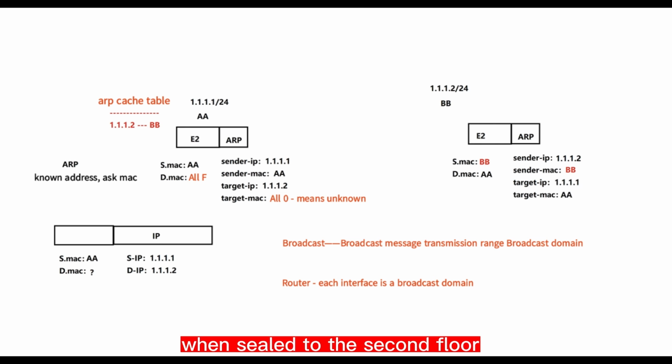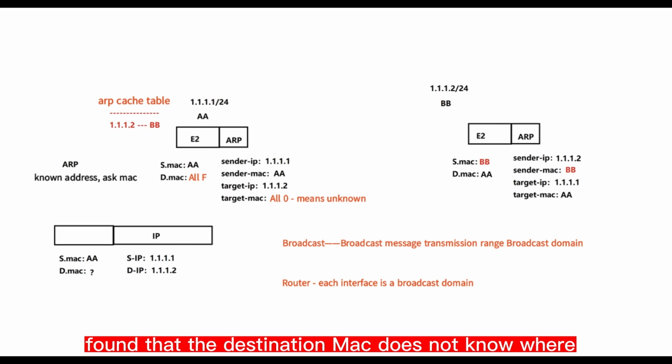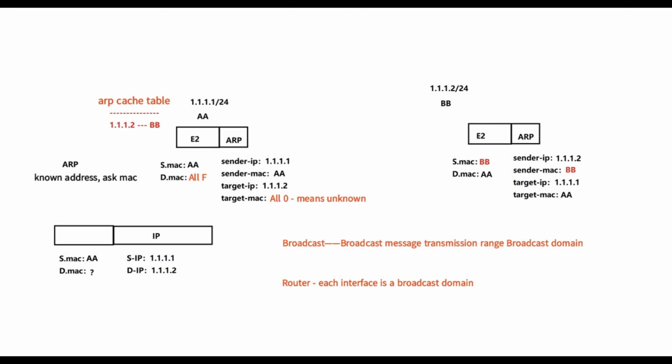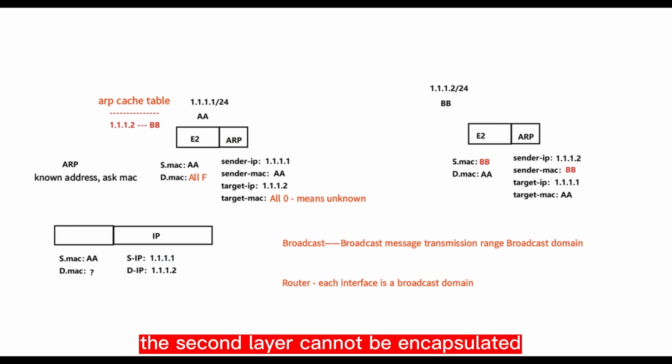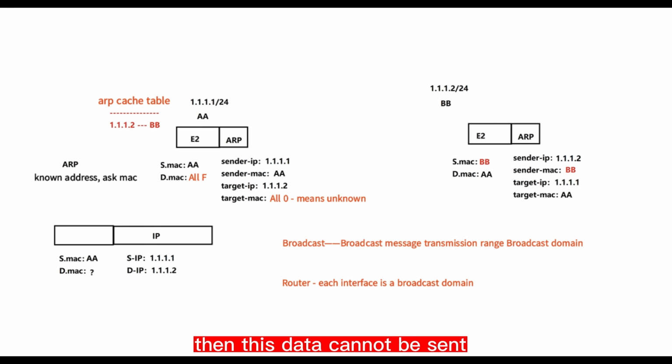When sealing the second layer, it finds that the destination MAC is unknown, so the second layer cannot be encapsulated. But at this point a problem arises: if you don't encapsulate the second layer, this data cannot be sent. If it is not encapsulated, it does not conform to TCP/IP.